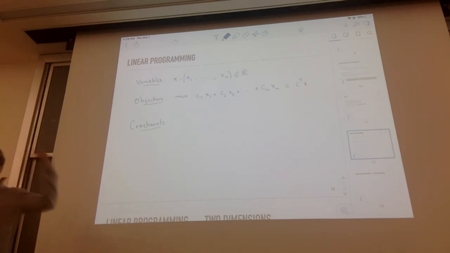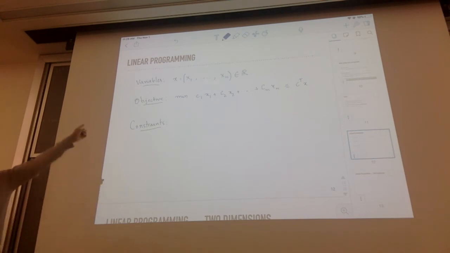you have m linear constraints. So n is the number of variables, m will be the number of constraints. I will write one of the constraints explicitly. You have a11 x1 up to a1n xn, let's say less than or equal to b1. Again, this choice of less than or equal to is arbitrary.